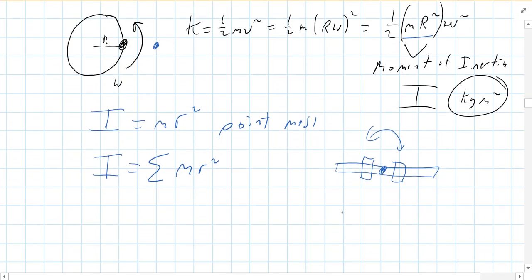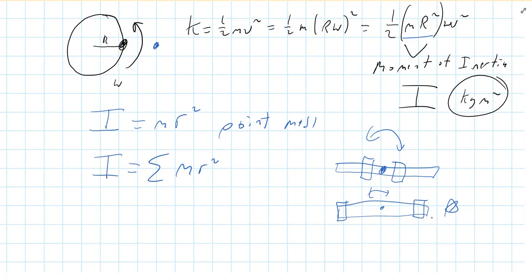If I take that same bar and move those weights to the end, same weight, same bar, and rotate it back and forth rapidly, the second example is going to be harder to do. It's harder because even though you have the same amount of mass, it's more spread out. The radius is bigger.